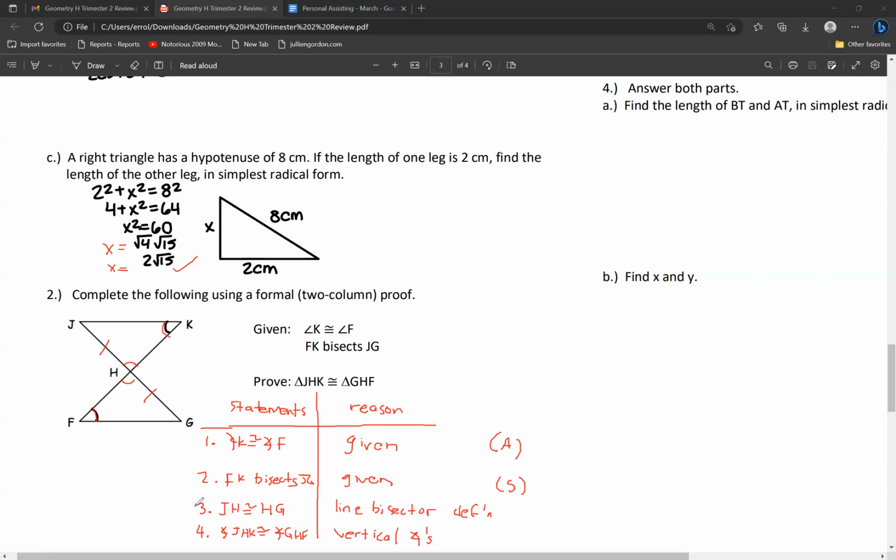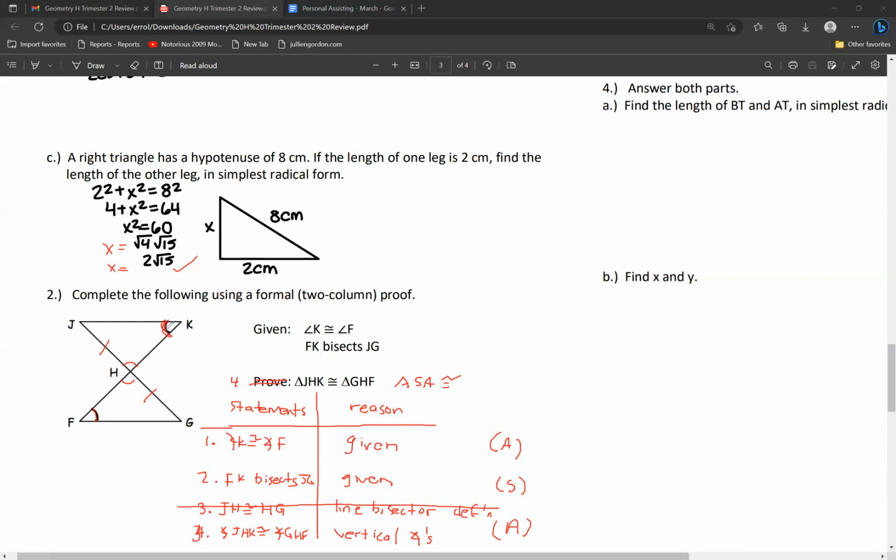We don't need this one. There's your congruency by ASA. So this would be number three. Number four, scratch that out, and just say by angle, side, angle congruency.